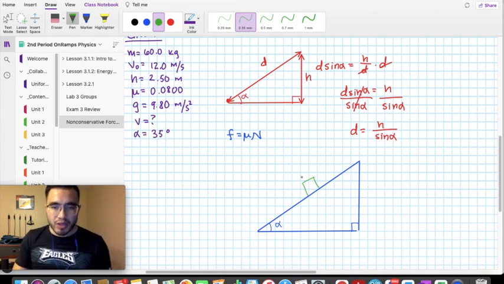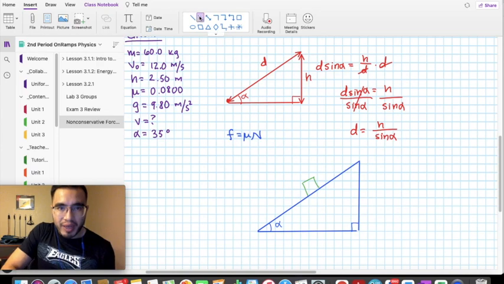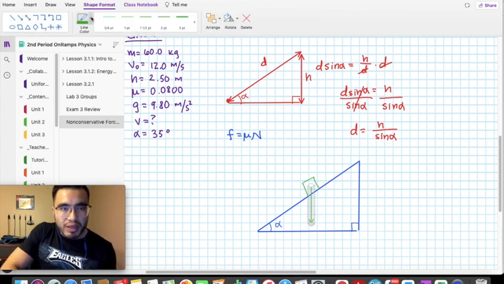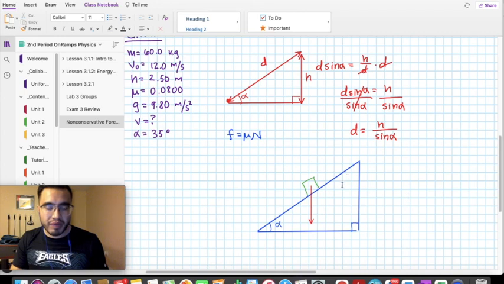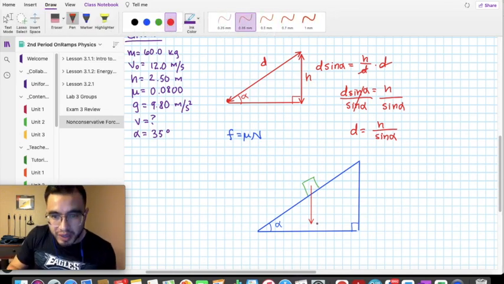Okay, so this represents the person. We know that because the person is on planet Earth, they have a weight, that is mass times acceleration due to gravity, and it points straight down. And don't forget, if this person were to fall, for some reason the snow disappeared, they would fall straight down.